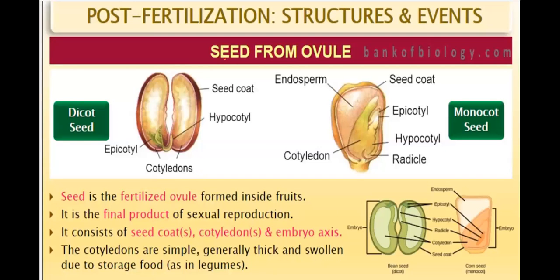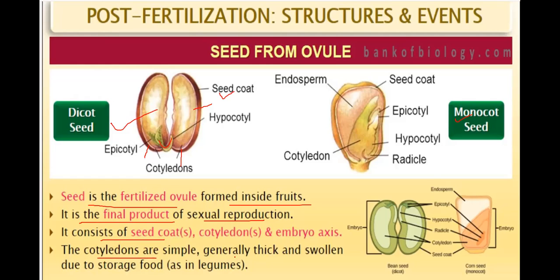Now we'll discuss the seed from the ovule. This is the structure of a dicot seed. This is the structure of a monocot seed. Seed is nothing but the fertilized ovule formed inside the fruit. It is the final product of sexual reproduction. It consists of the seed coat, cotyledons, and embryonal axis.